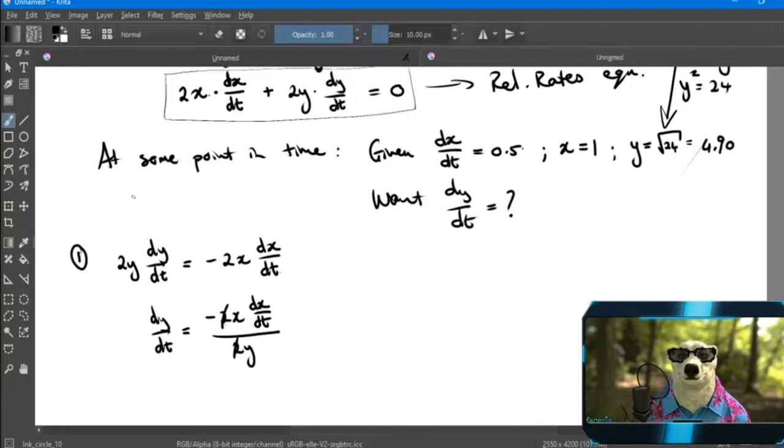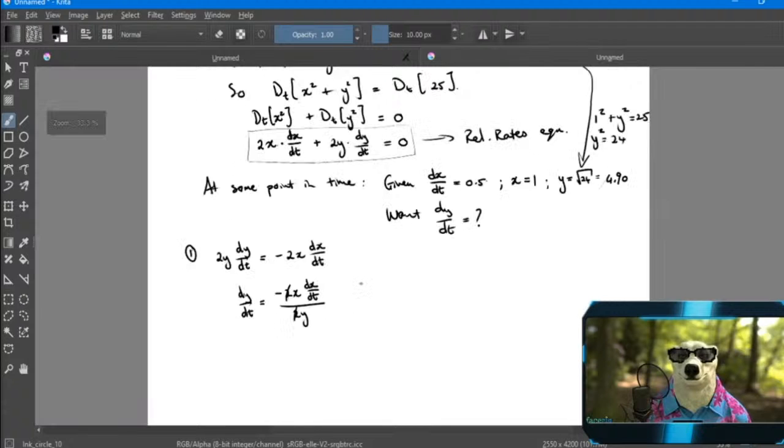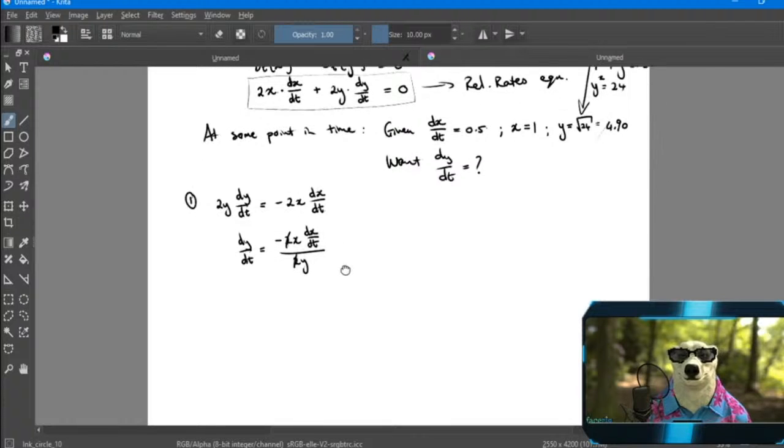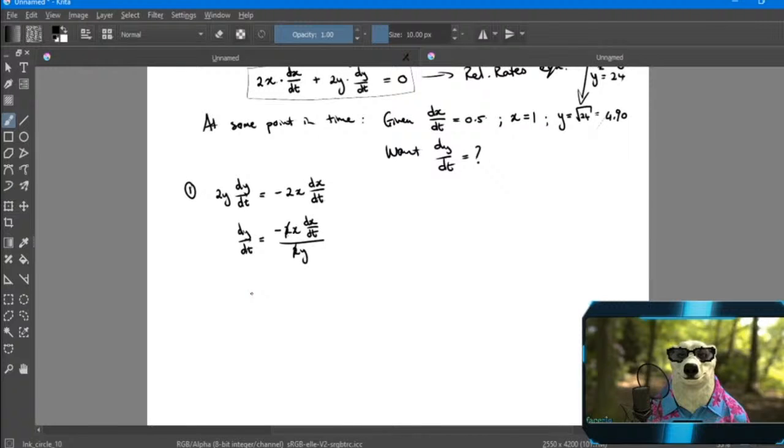Then, for my specific point in time, I'm going to zoom out. For my specific point in time, I can then plug in the specific numbers. I have my negative, my x is 1, my dx dt is 0.5 over y, which is root 24, and I'll get an answer.